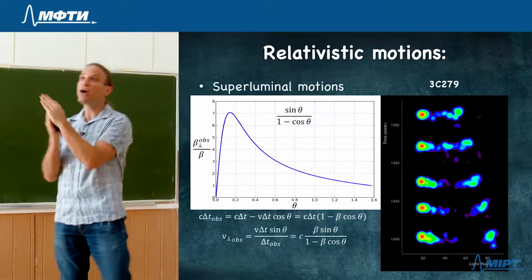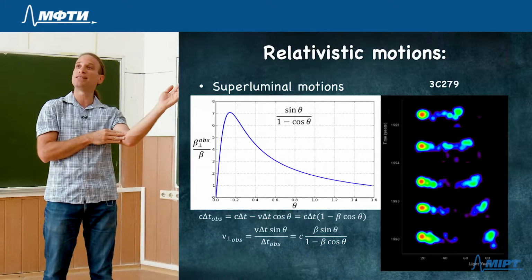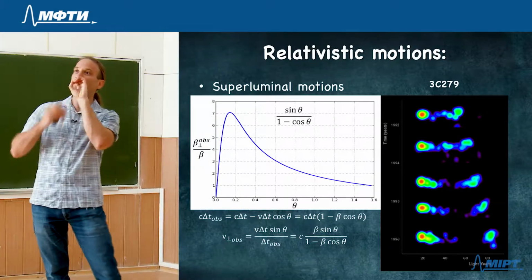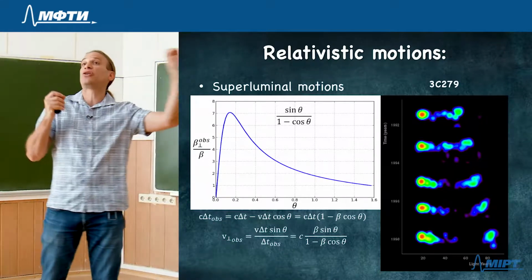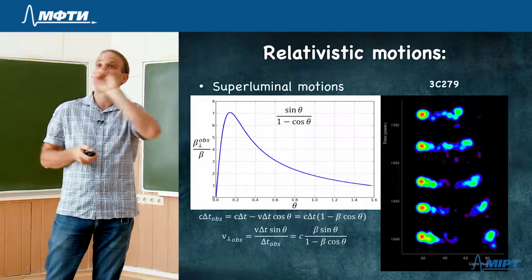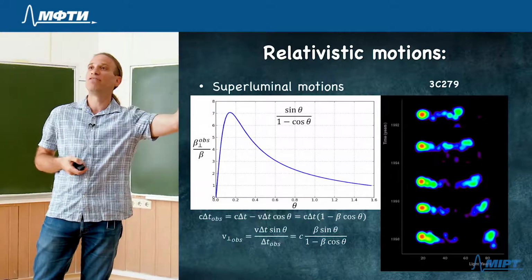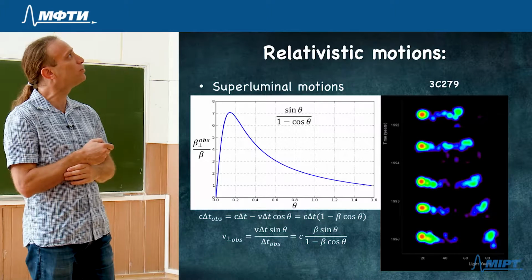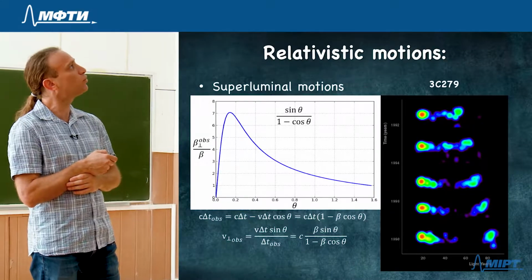When we are located at theta equal 90 degrees, the entire motion across the sky is basically the actual motion. So what we should see is the actual velocity of the blob. And indeed, when theta is equal to pi divided by 2, this thing is equal to 1.